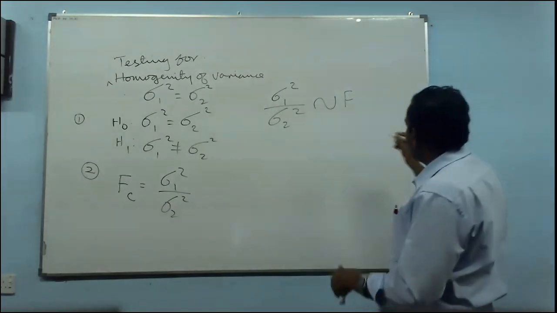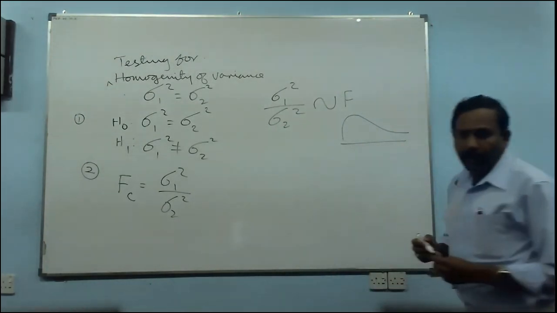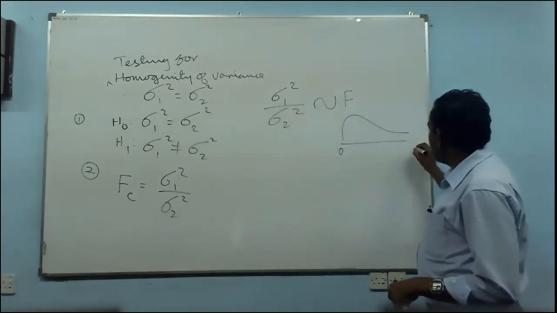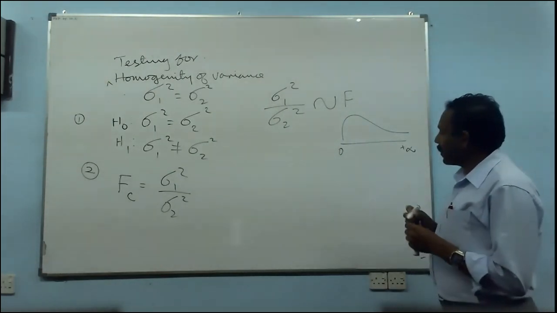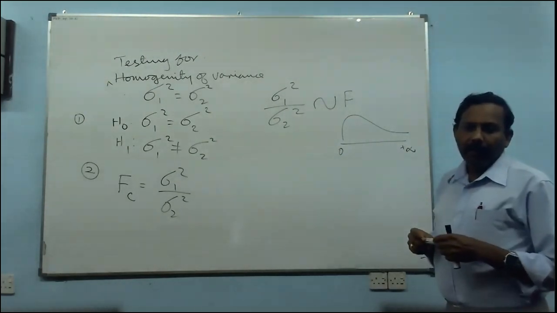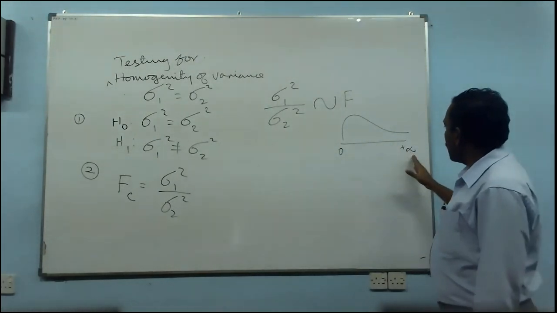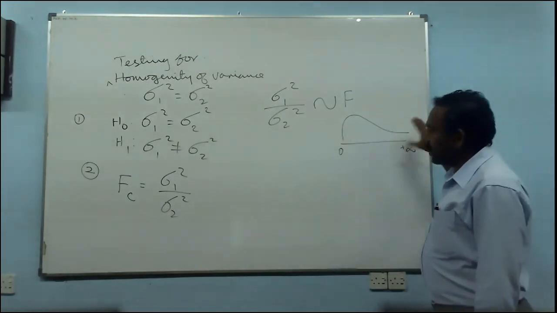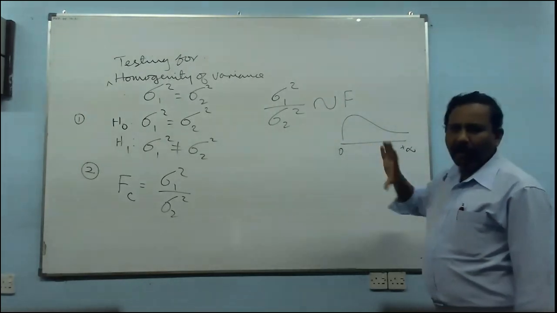We have talked about the F distribution. Can you remember? It is a distribution skewed to the right. Starting value is 0 and it goes up to plus infinity. That is the feature of the F distribution. We learned about this, right?